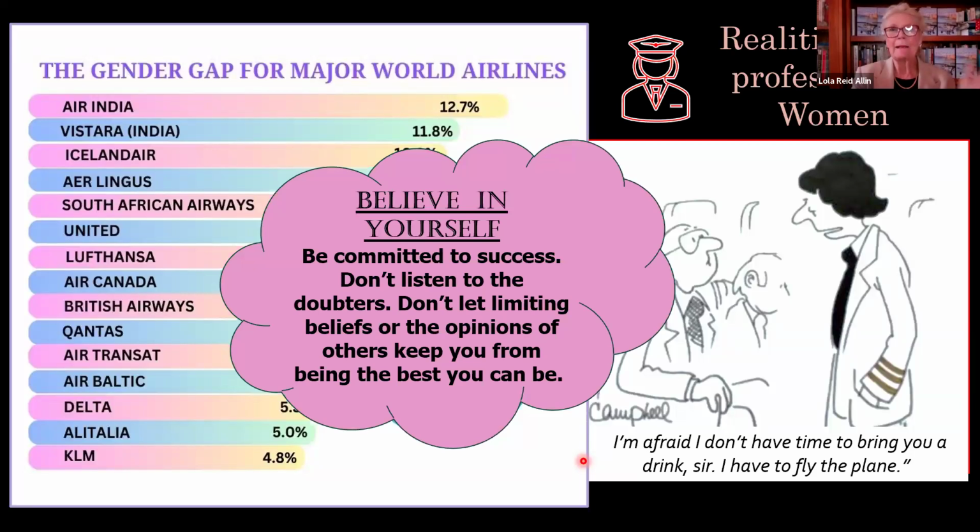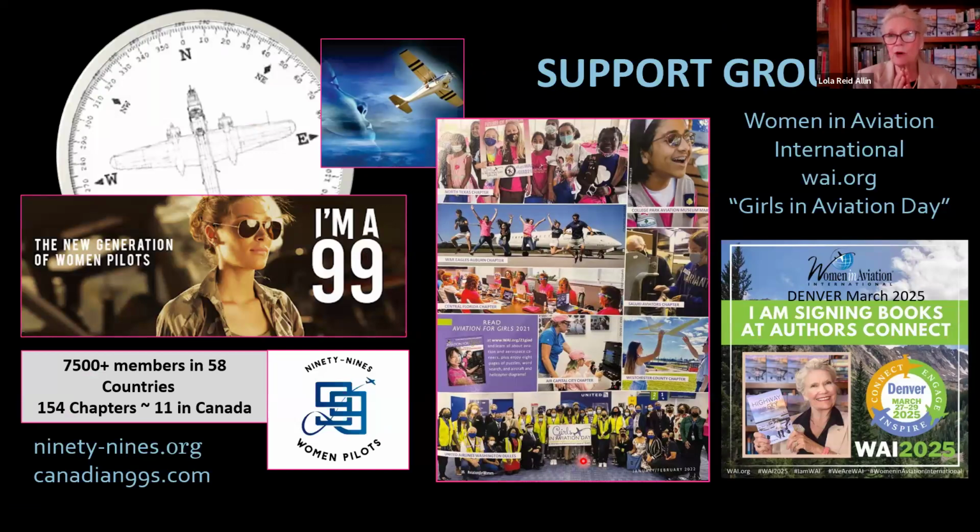Wow, that's fantastic. So we do need support groups because when I was flying, I was alone. I was really a sheep, or maybe a little lamb in the wilderness surrounded by wolves. And I had some really nice wolves to support me, but there were some who weren't so nice.